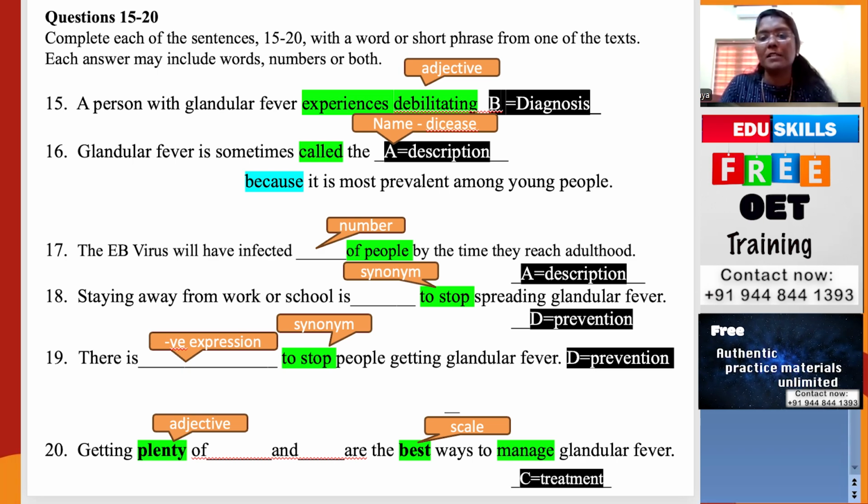Then best way to avoid. Best is the scale. Then in the last bullet point we can see not necessary. Not necessary means what? Negative expression. Okay. Whenever there is a negative expression, the surrounding of that will be the answer. Okay. Yes, ma'am.